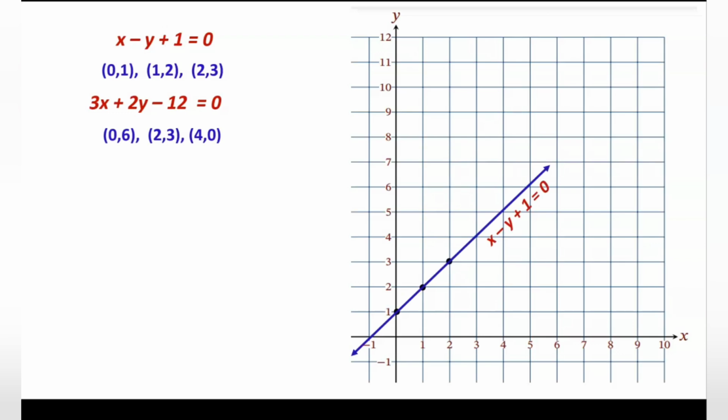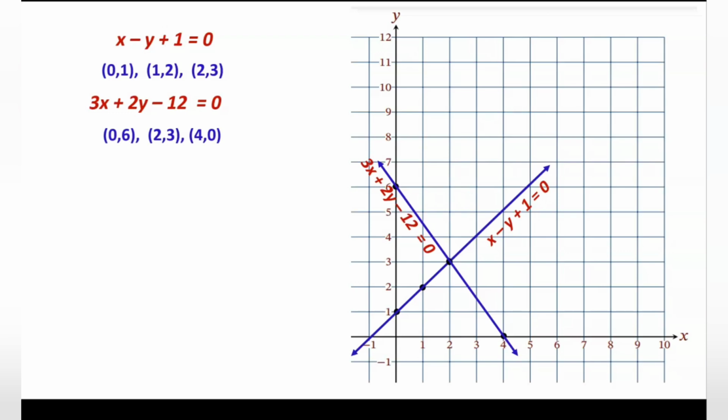The equation is x minus y plus 1 equal to 0. Now coming to the second set of points, first let us take (0, 6) which lies on the y-axis, and the second point (2, 3) which is the same point we have already taken, and the other point is (4, 0) which lies on the x-axis. Let's also join these 3 points.